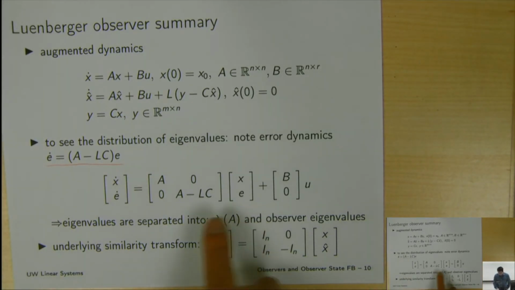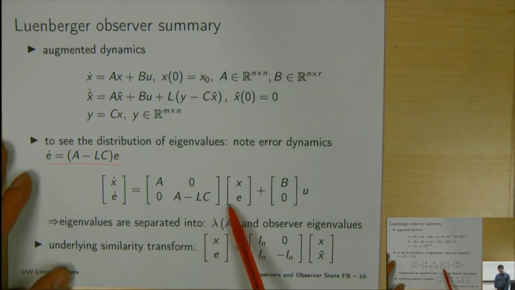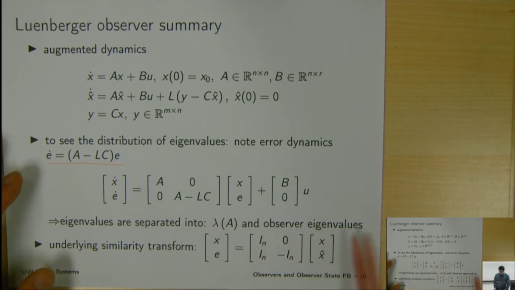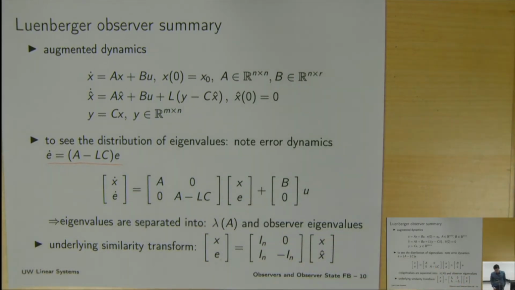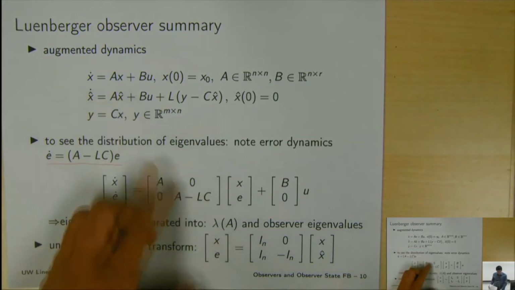The second part comes from the observer. So A minus LC is the observer eigenvalue, the observer dynamics. Whatever eigenvalue you design for the observer is going to go into this overall system. So that is the distribution of the eigenvalues.